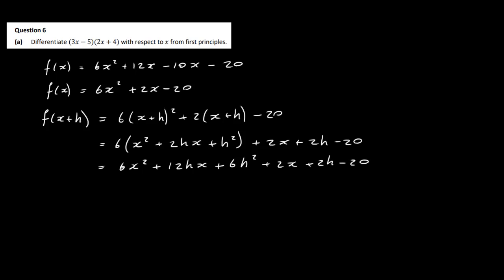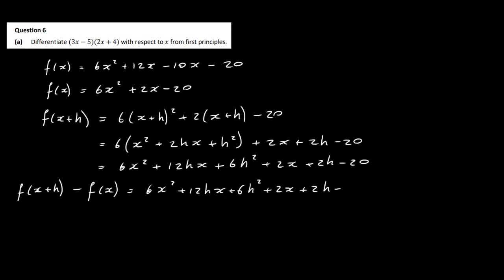The next thing we're going to do here is take our f of x plus h and subtract f of x. So it's all of this here, the 6x squared plus 12hx plus 6h squared plus 2x plus 2h minus 20, and we're going to subtract (6x squared plus 2x minus 20).